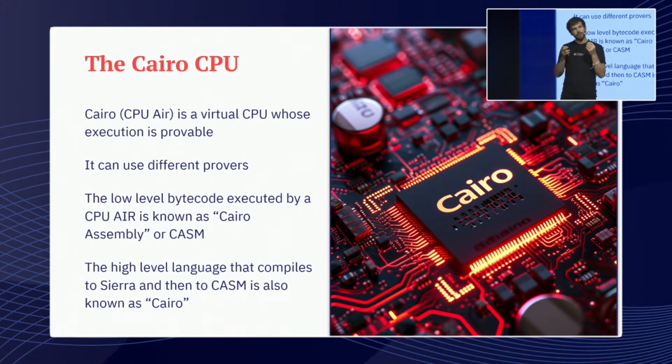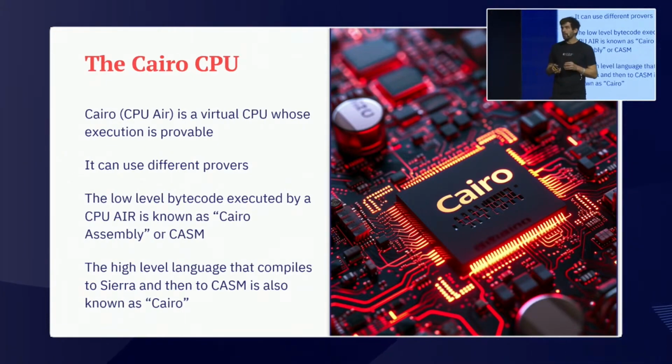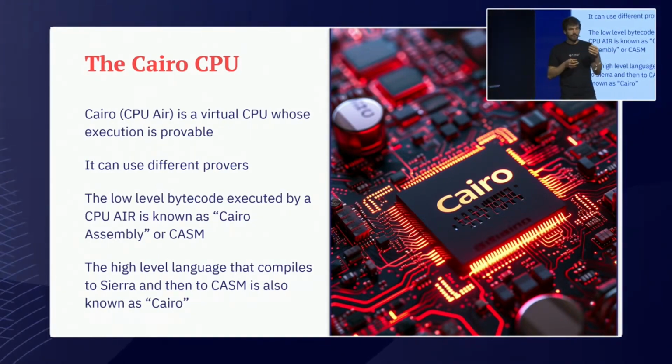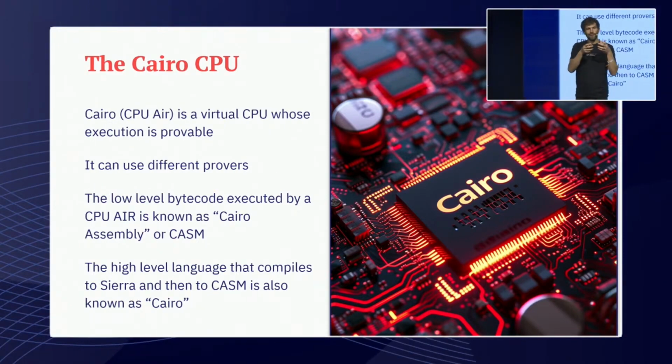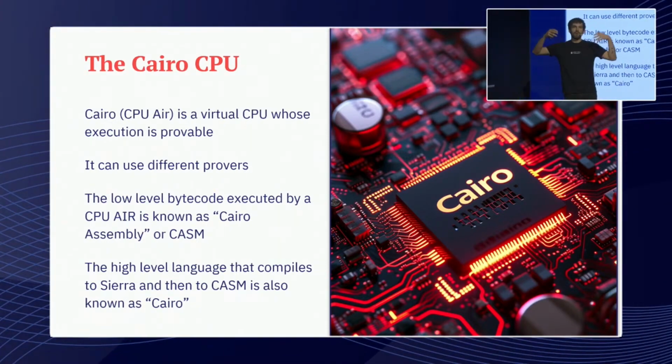Cairo is essentially a set of instructions that define a CPU, like the one you have in your computer or on your cell phone, but this one is virtual. It defines a set of instructions, and when you use those instructions, you can write any kind of computation. So the Cairo CPU really is this: a virtual CPU over which you can write arbitrary programs.